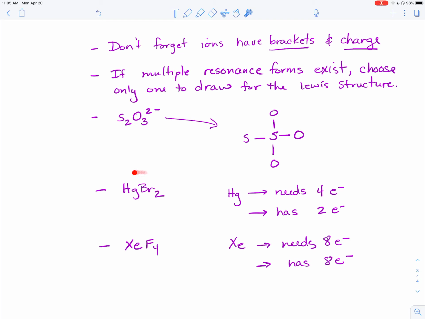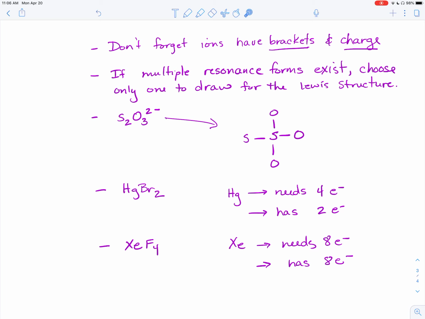The second molecule I want you to look at is this one called mercury bromide, or mercury 2 bromide, sorry. And this particular molecule has a transition metal, and that's okay. There are some molecules that have transition metals that have covalent-like properties and will form covalent bonds, and this one is one of those.